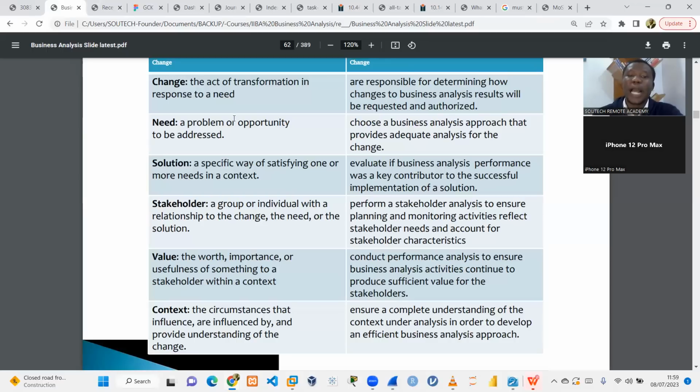So change: the act of transformation in response to a need. We can say, okay, because we have a lot of requests for persons to do remote trainings, let us have a channel. Let's record the videos. Like Udemy have written me quite a few times and said, please come and put up your courses on our platform, and there's a win-win situation. So that's the transformation, that's the change.